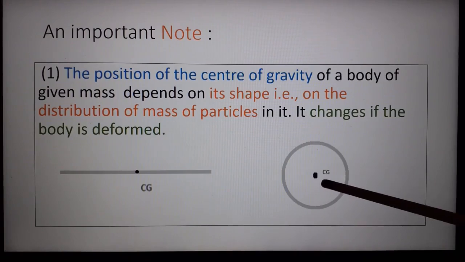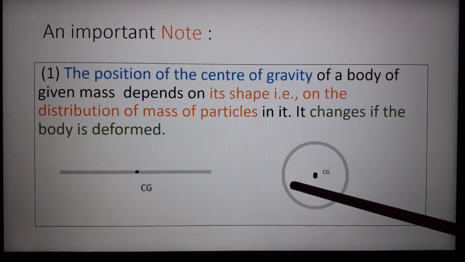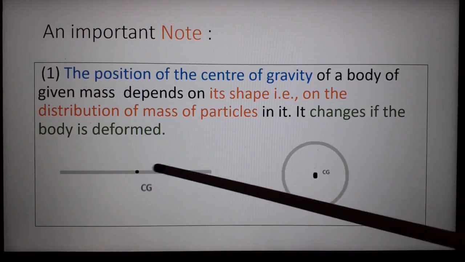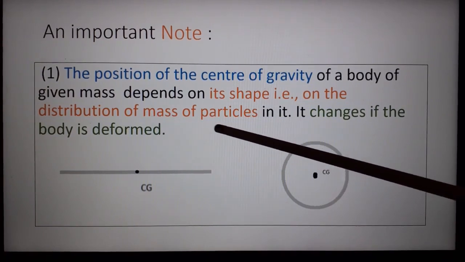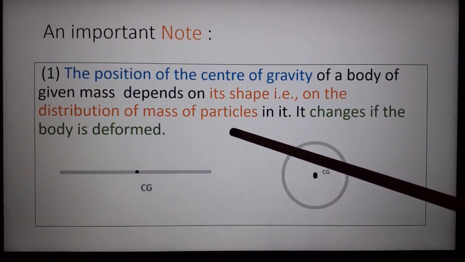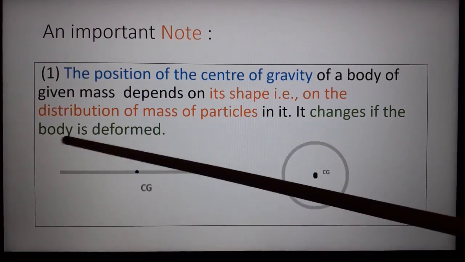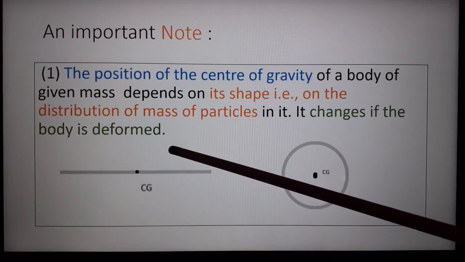Center of gravity position depends on the shape of the object. Same wire converted into a ring, but the position of center of gravity is different. That truly depends on distribution of mass of particles in it. Clear? And center of gravity changes if the body is deformed. That is, if you change its shape, definitely its center of gravity will shift.